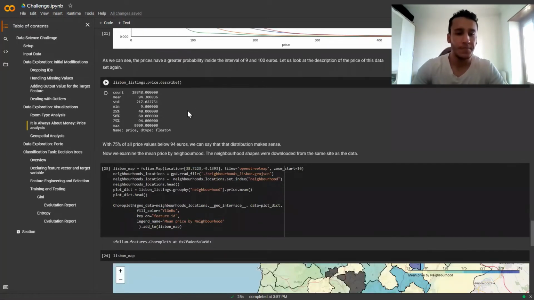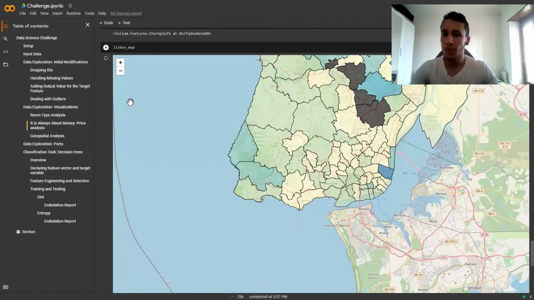And now we can look a bit at the mean price per region. This is a map that is divided into neighborhoods or neighborhood areas. For example, here's the center of Lisbon, here is Ericeira, here is Cascais, and we can see the mean price value.